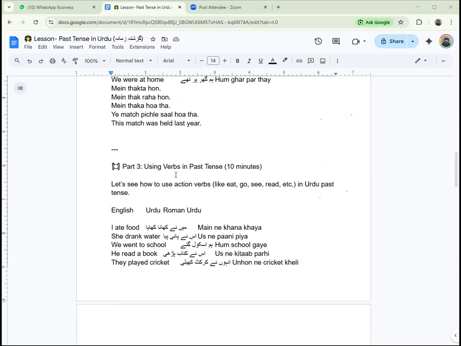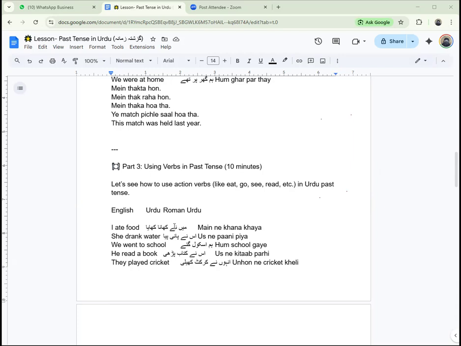Using verbs in past tense. Here we try to see how action verbs like eat, go, see, read work in Urdu past tense. In past tense, we don't always use tha, thi, the. Some action verbs change differently.